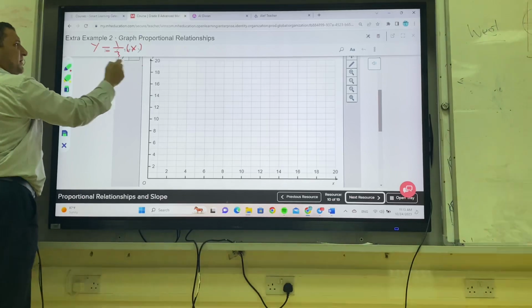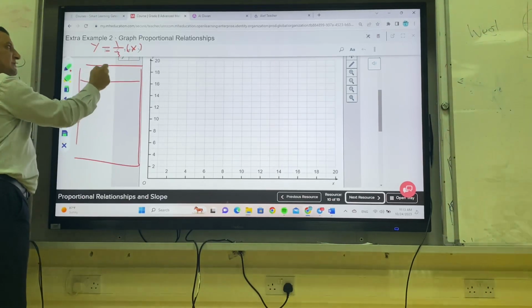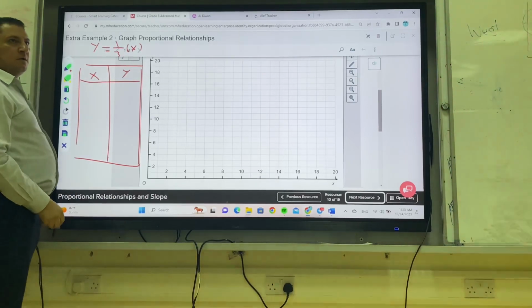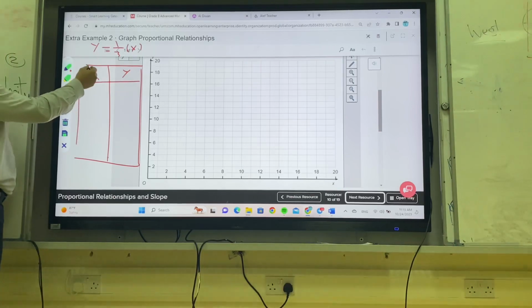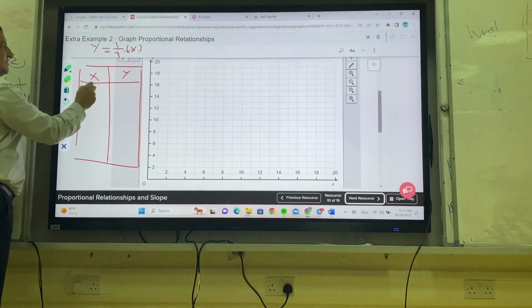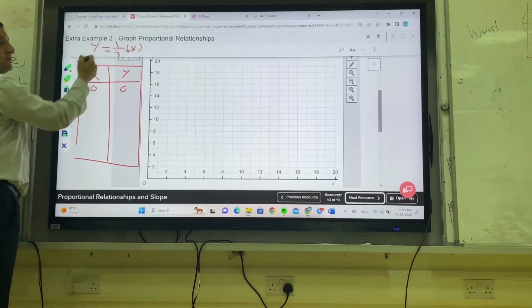I can make a table that helps me better organize my work. I will write x and the corresponding y. Let's give some values for x. What if x is 0? Then what's the value of y? It's also 0, because 1/3 times 0 is 0.